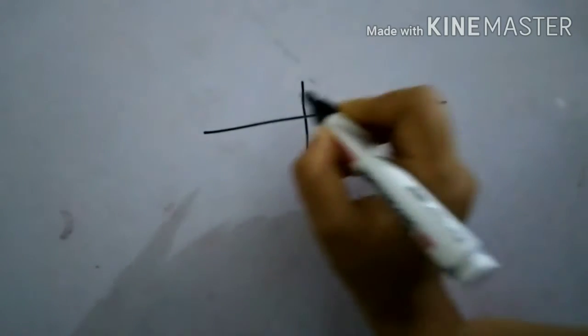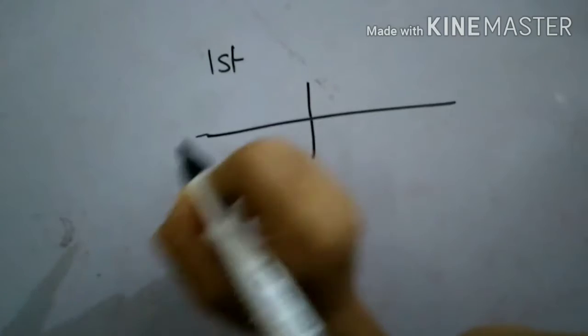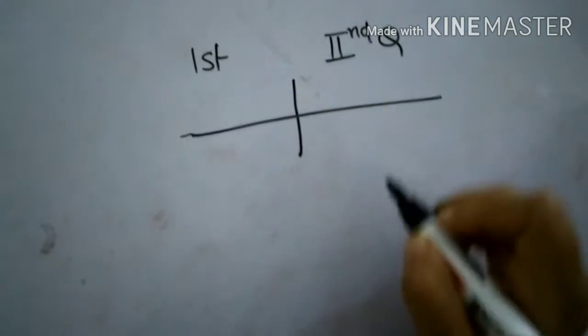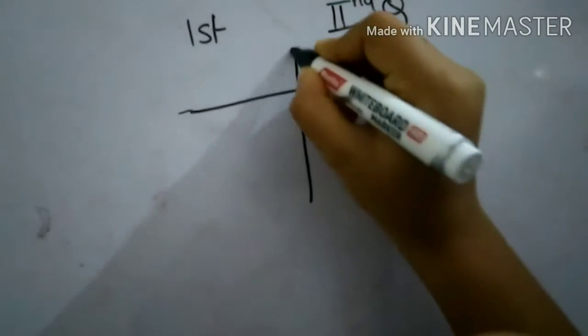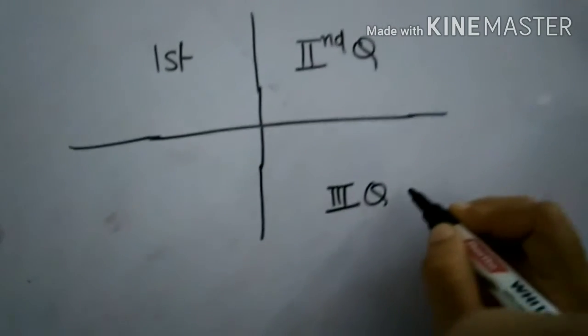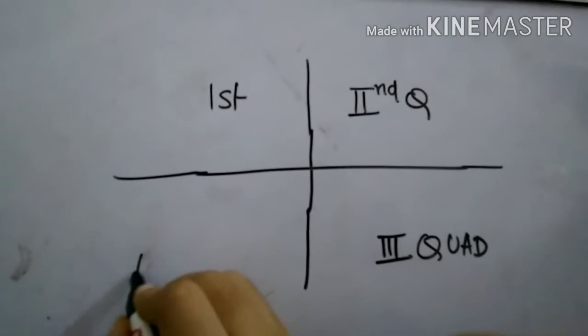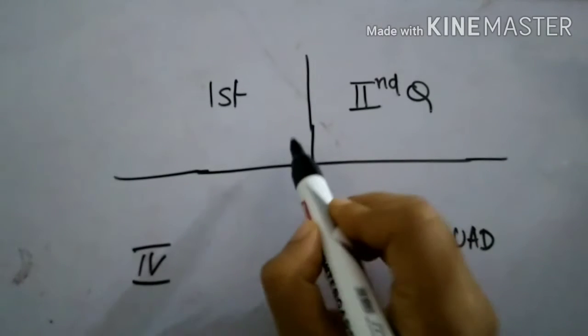Now if you open up your dental prescription, you will see certain numbers and you have no idea what those numbers are. So I'll tell you. We dentists divide the mouth into 4 quadrants: first, second, third, and fourth. Then we number each tooth.